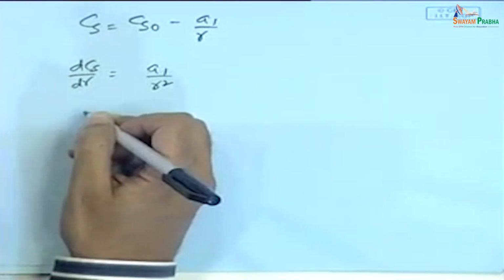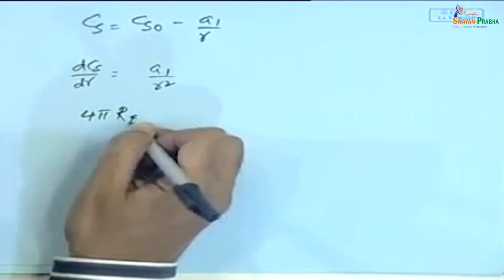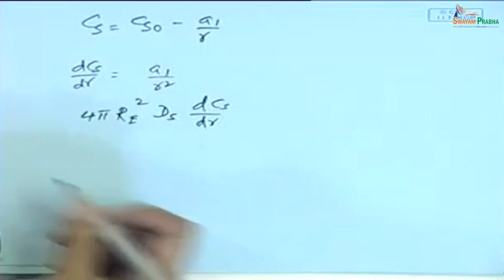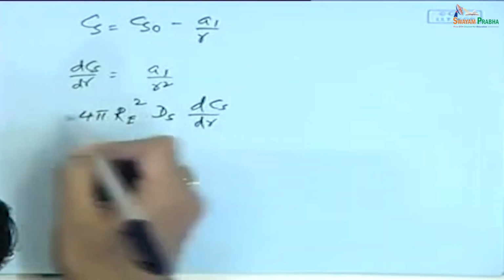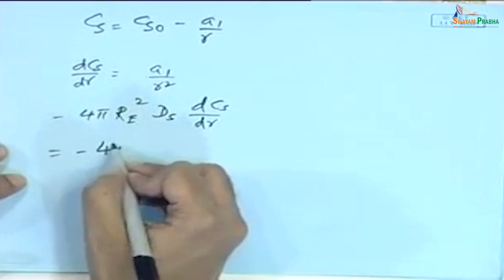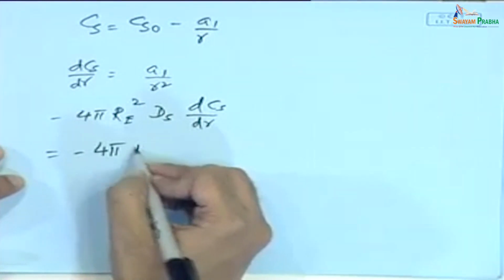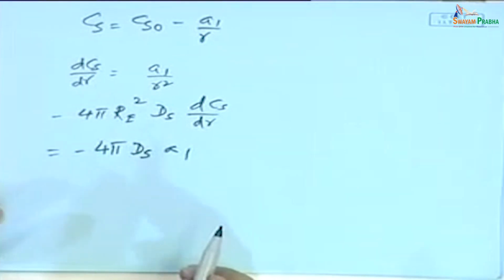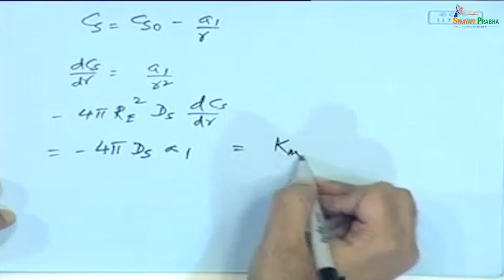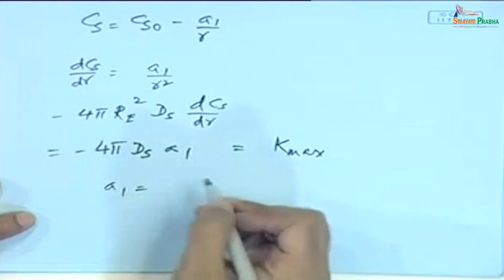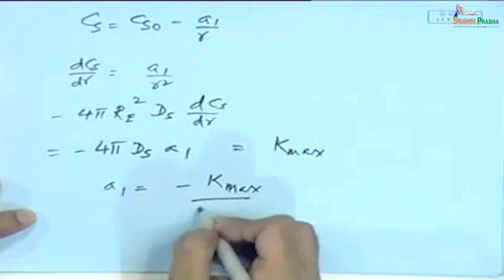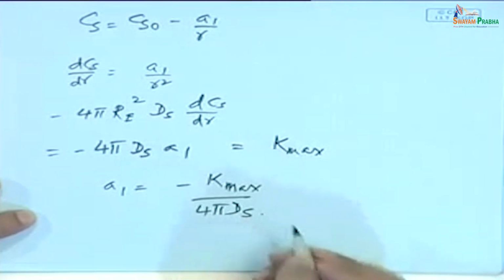So 4 pi Re squared Ds dCs/dr equals minus 4 pi Ds A1, which equals k max. So A1 equals minus k max over 4 pi Ds.